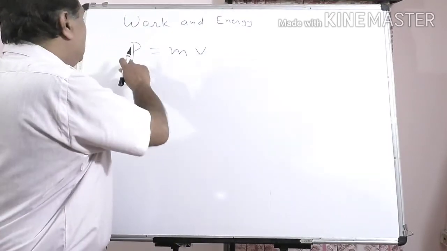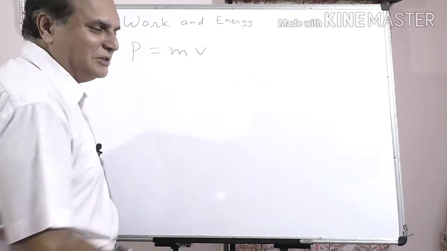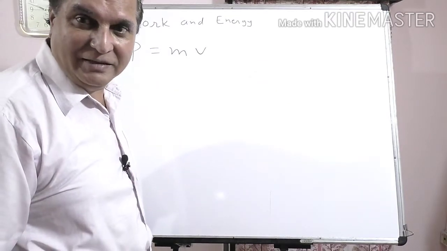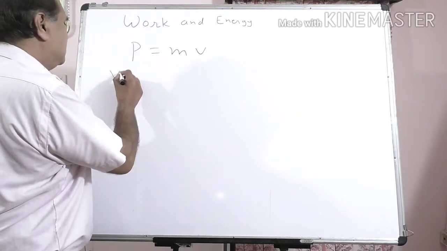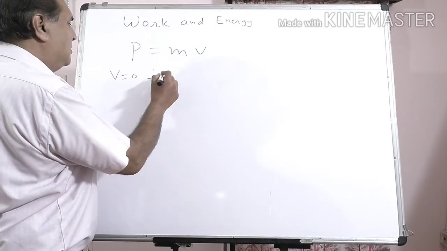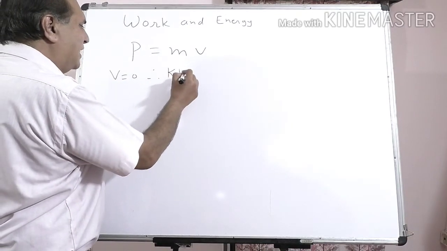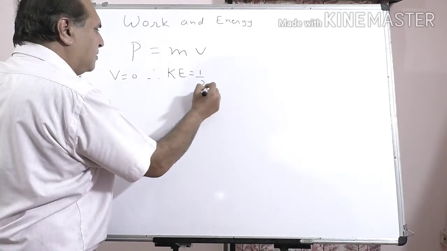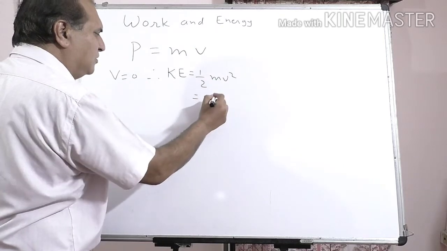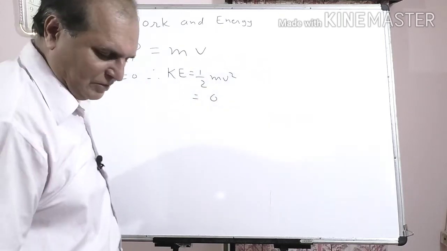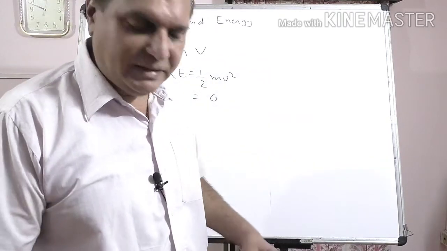So for momentum to be zero, velocity must be zero. Right? If velocity is zero, K is zero, because K equal to half mv square. V is 0, so kinetic energy is 0. Right?